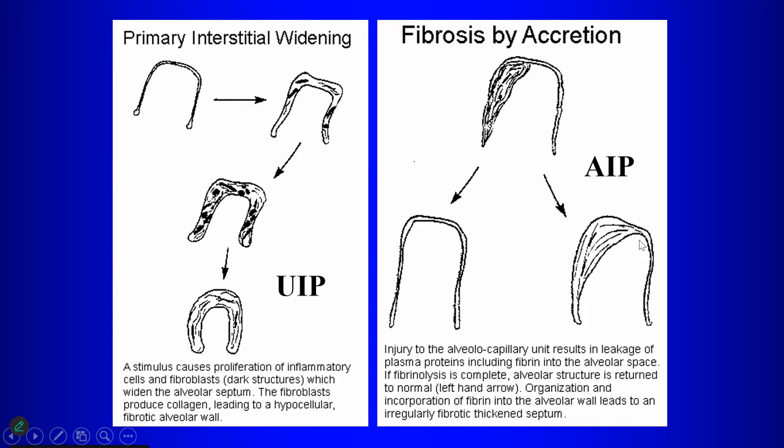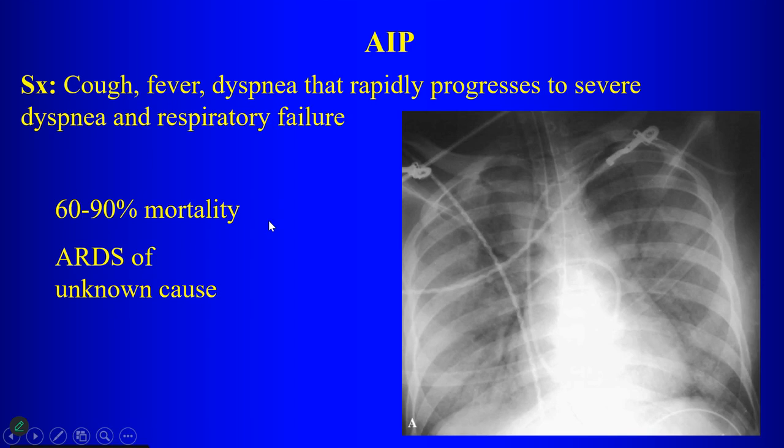With ARDS, because of the spillage of the protein-rich contents into the alveolar air spaces, it's that part that becomes incorporated into the alveolar walls. So the fibroblasts start proliferating actually in the alveolar air spaces, and then you get fibrosis by accretion. So it's organization of the contents that have been spilled into the air spaces that get incorporated into the alveolar walls.